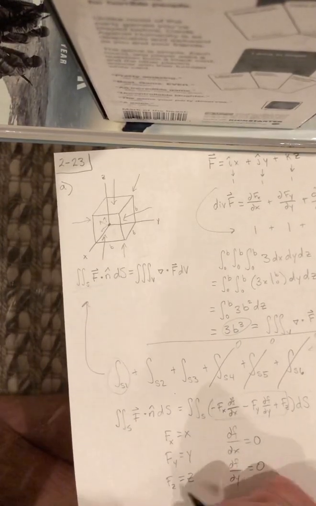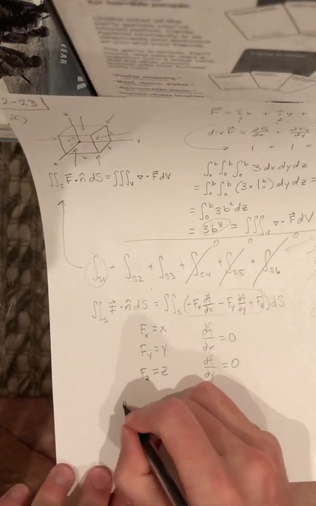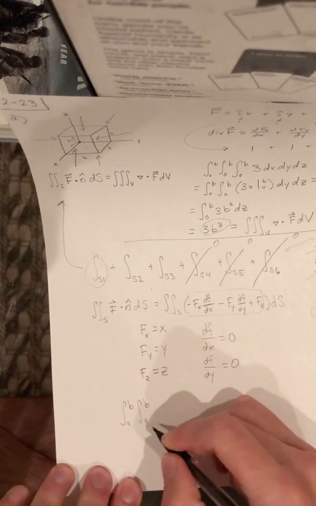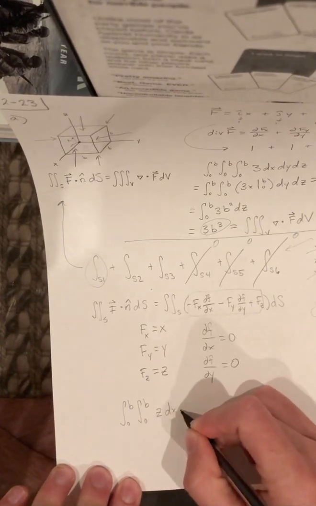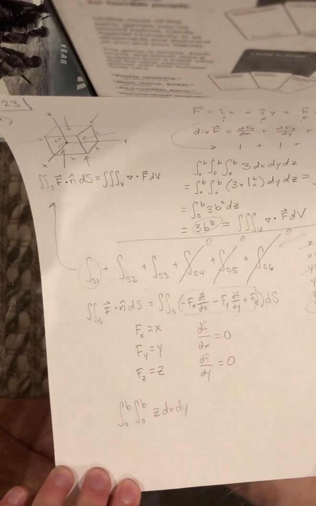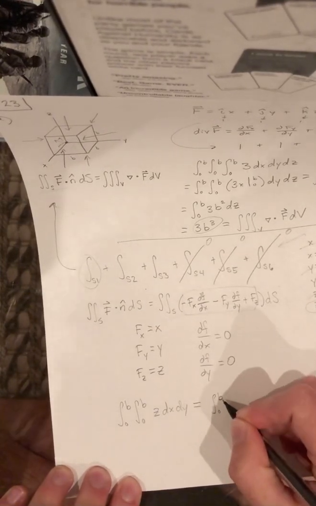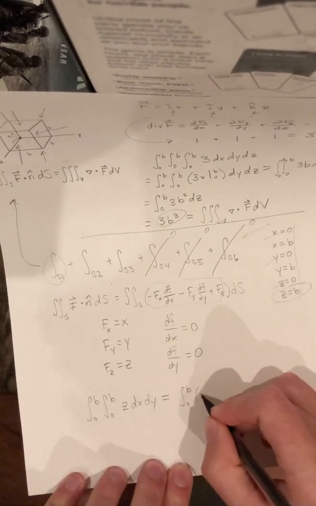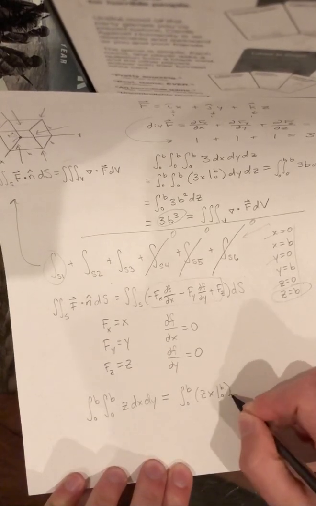So this integral is going to end up looking like the integral from 0 to b, integral 0 to b, of z dx dy. This is going to look like integral from 0 to b of z x from 0 to b dy.